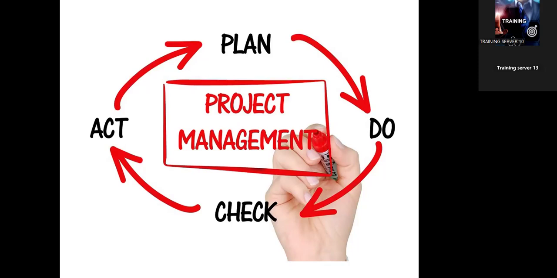Time bound is very important for us to have goals which are specific, measurable, achievable, relevant, and attainable within that time bound. And also, we have to use the KPI.